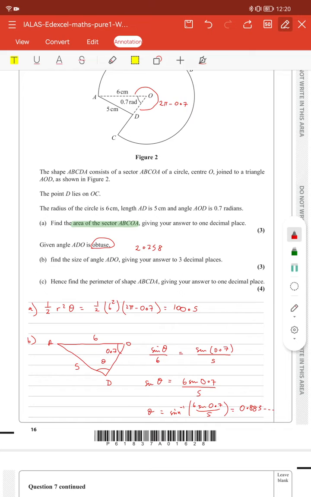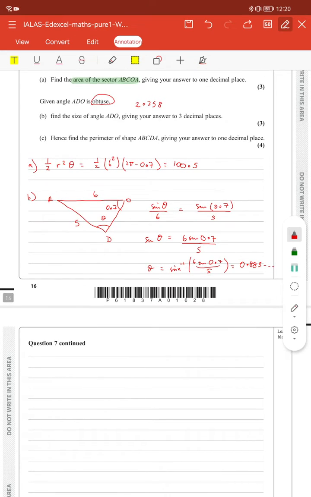And it says, hence find the perimeter. Well, now that we know that angle, what we want to work out is the length of DO. So we know this is 0.7. This is 2.258.